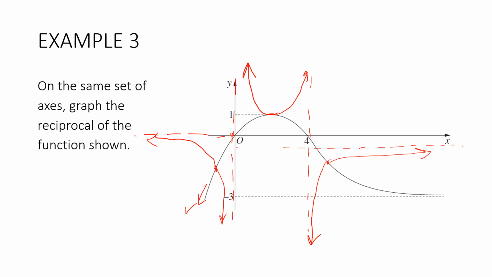I might leave that there. So it kind of starts from 0. There's the asymptote that goes here. And then from 4 onwards, you have an asymptote here at y is equal to negative 1/3. Weird graph, hey?